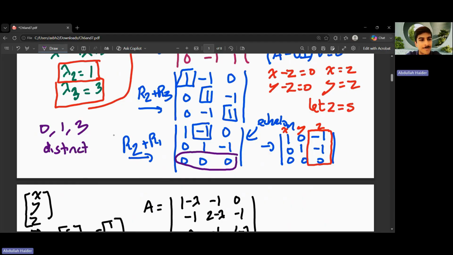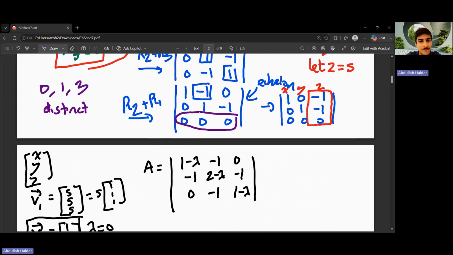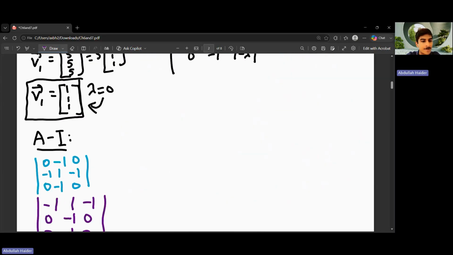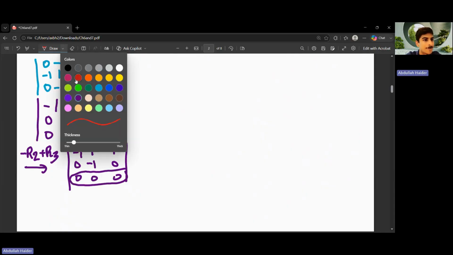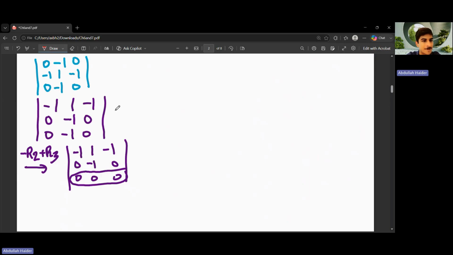Distinct means once I reduce the matrix, I'll get a row of all zeros only one time. I'm getting a row of all zeros here, and here too. This is something important you need to know to check whether you're doing the question well or not.